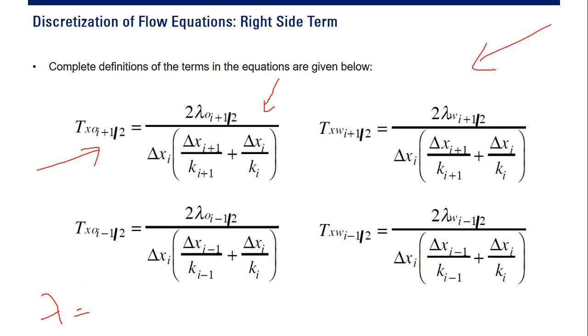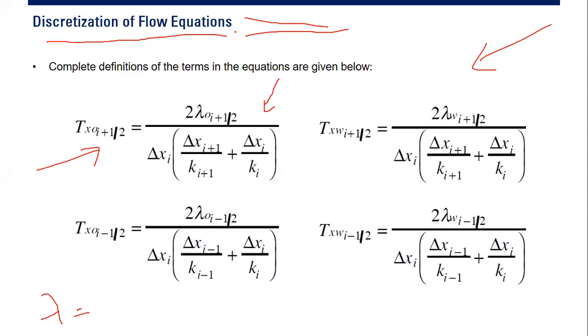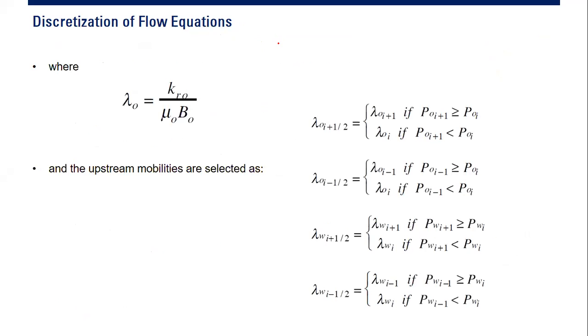That's for the transmissibility. It's not about the right-hand side again, it's just for discretization of the flow equation. So you can neglect this one. I have erased that. Continue.